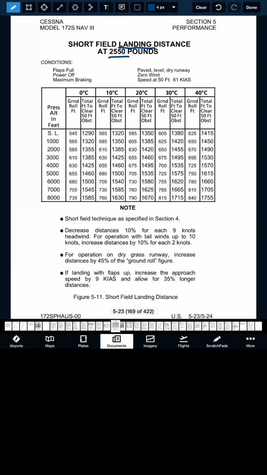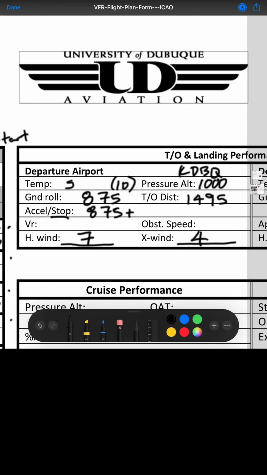We're going to take the 585 number. 1,000 feet, 10 degrees Celsius, 585 is the distance to stop your aircraft.